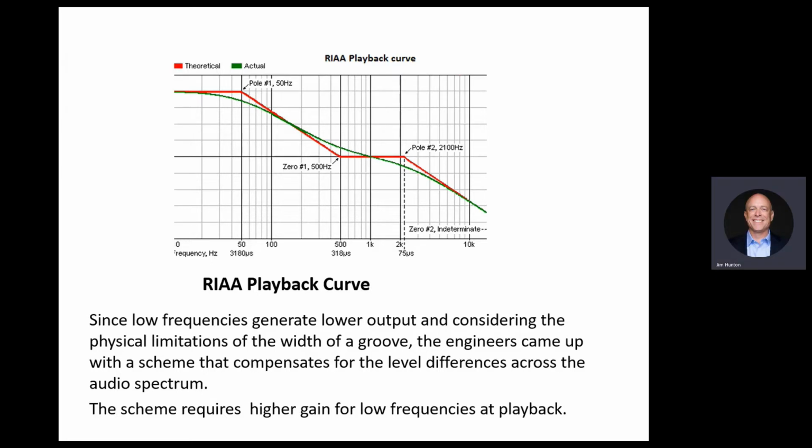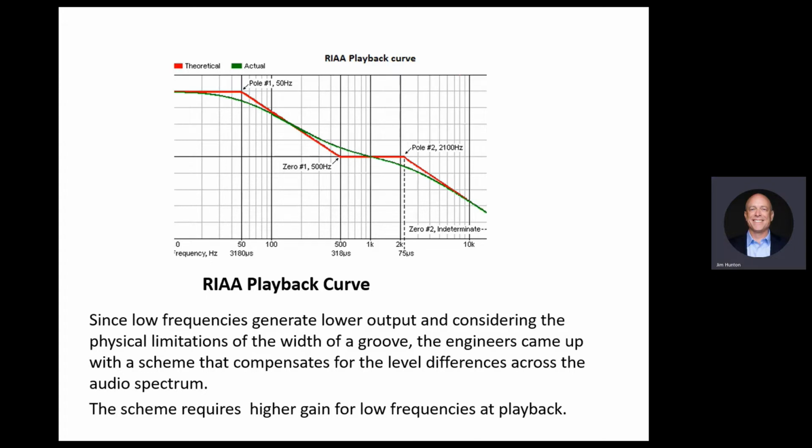So this is the famous RIAA curve. There were different curves depending on the manufacturer at the time, but everybody settled on the RIAA, so we'll talk about that. The points where they drop, and the points where the gain gets straight, are specified in frequencies or microseconds, and those are the differences between the different curves.